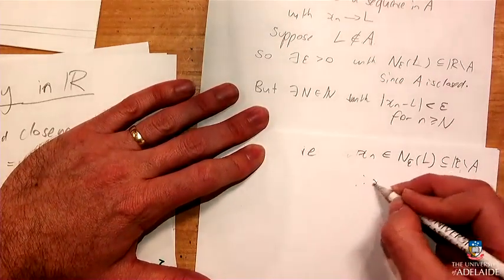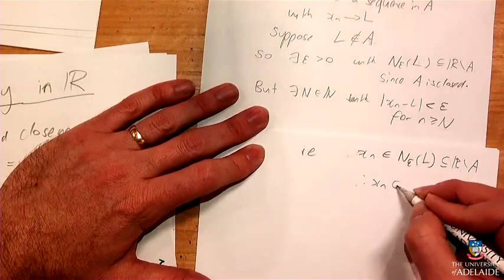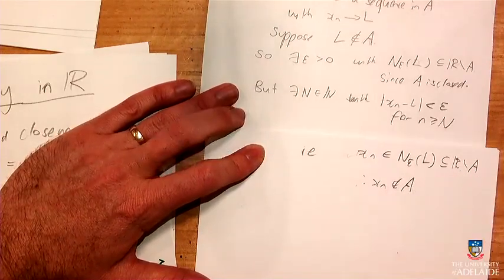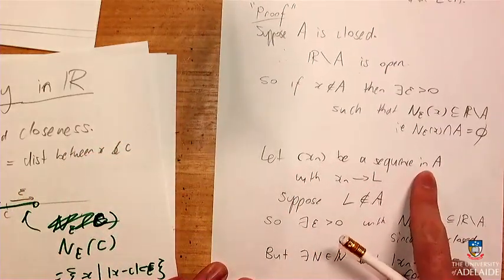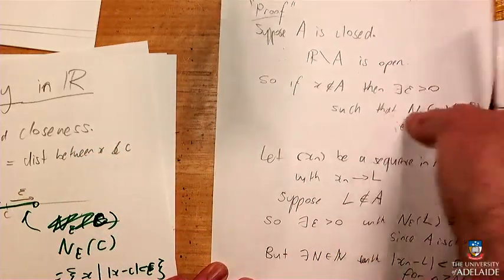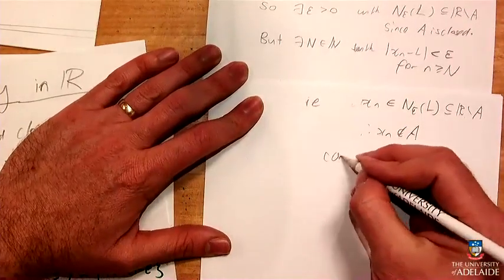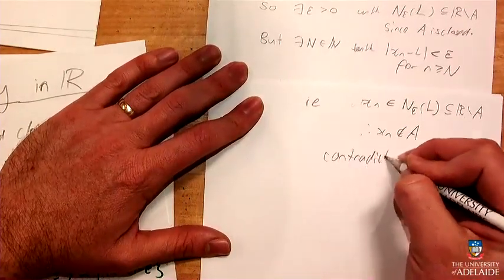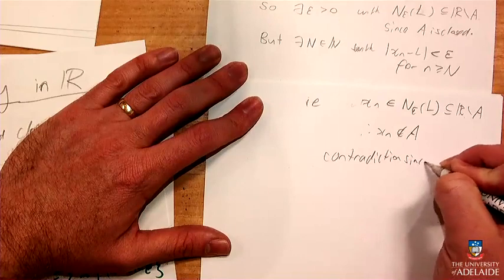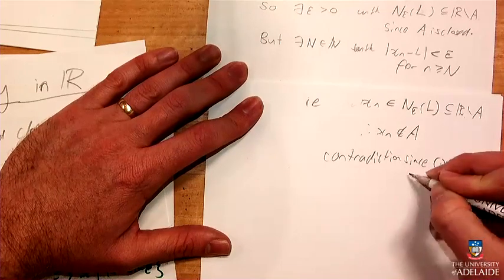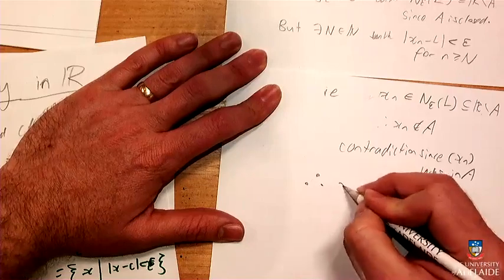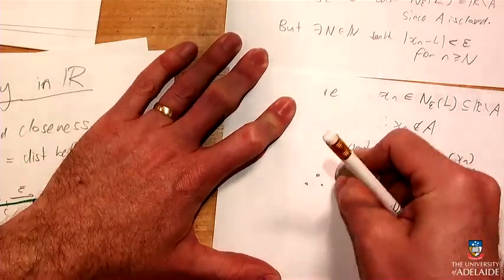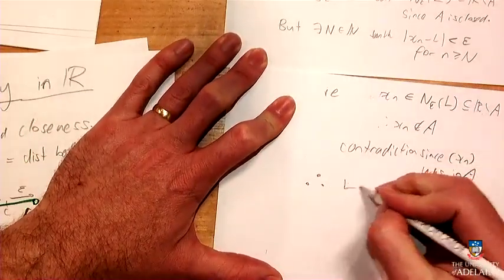Which would mean that xn is not in A. Which is a contradiction because xn was a sequence in A. And so therefore, L has to be in A.